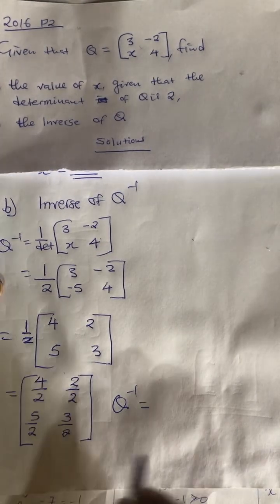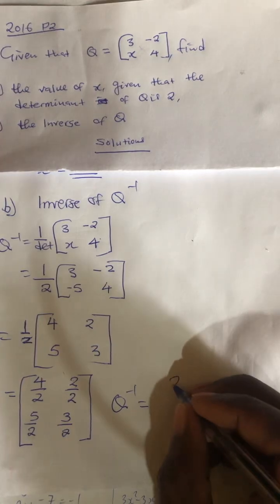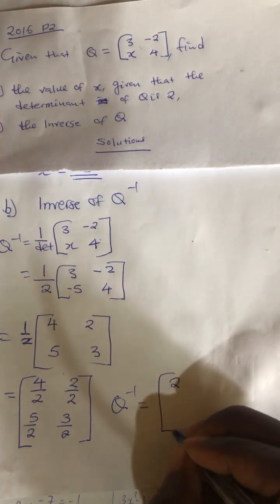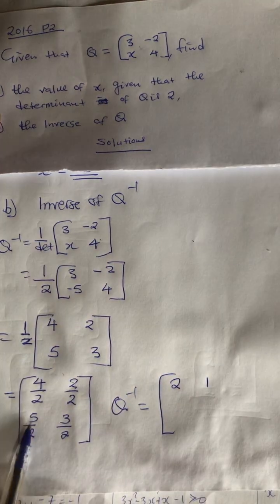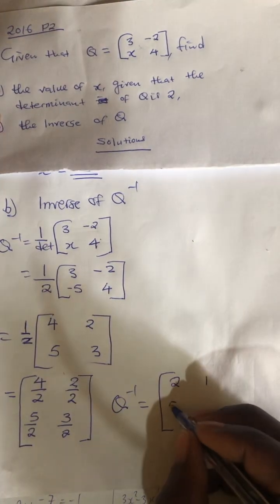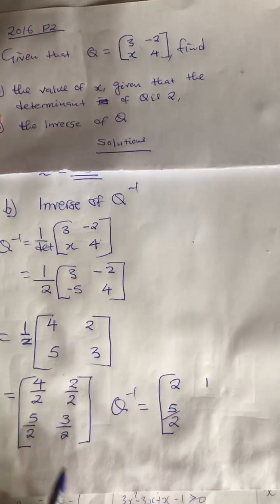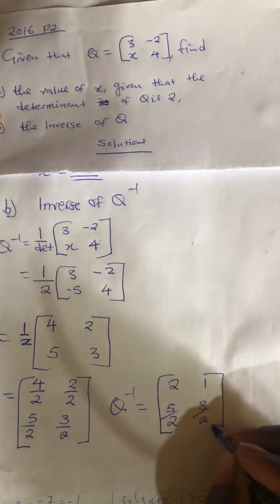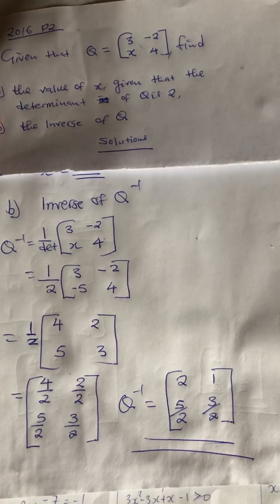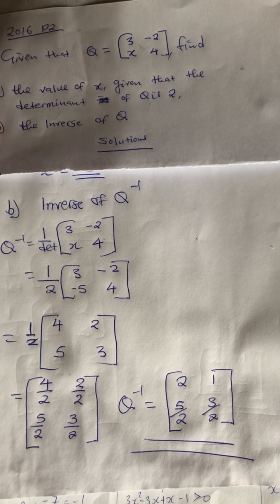So in this case, 4 divided by 2, the answer is 2. And then 2 divided by 2, the answer is 1. 5 divided by 2, we maintain 5 over 2. Then here we maintain 3 over 2. And this marks the end of the question. And yes, that is your inverse.